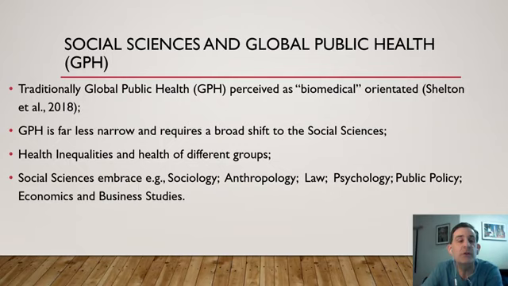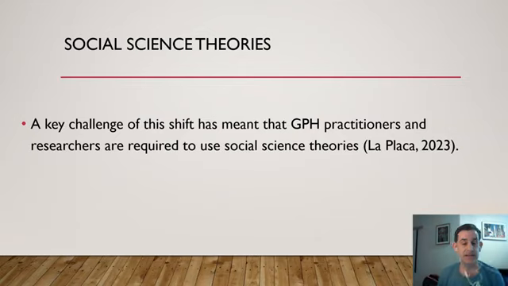And as you know, social sciences embrace, for example, sociology, anthropology, law, psychology, public policy, and even economics and studies. So a key challenge of this shift has meant that global public health practitioners and researchers are required to use social science theories in their research and also to embrace the findings often of their research as well.